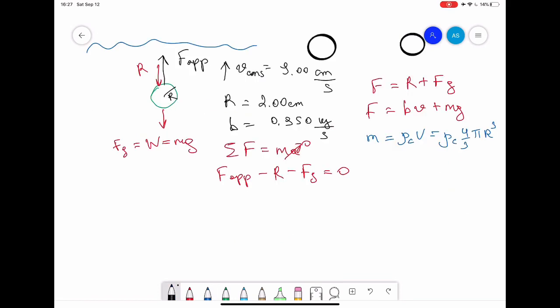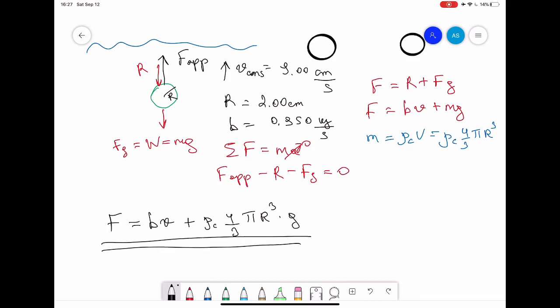So if we put everything into the formula, then we get that F is equal to bv plus m g, which is rho, the density of the copper, times 4 divided by 3 pi r cubed, multiplied by g. This is the formula. Then you have to plug in the numbers to get the answer.